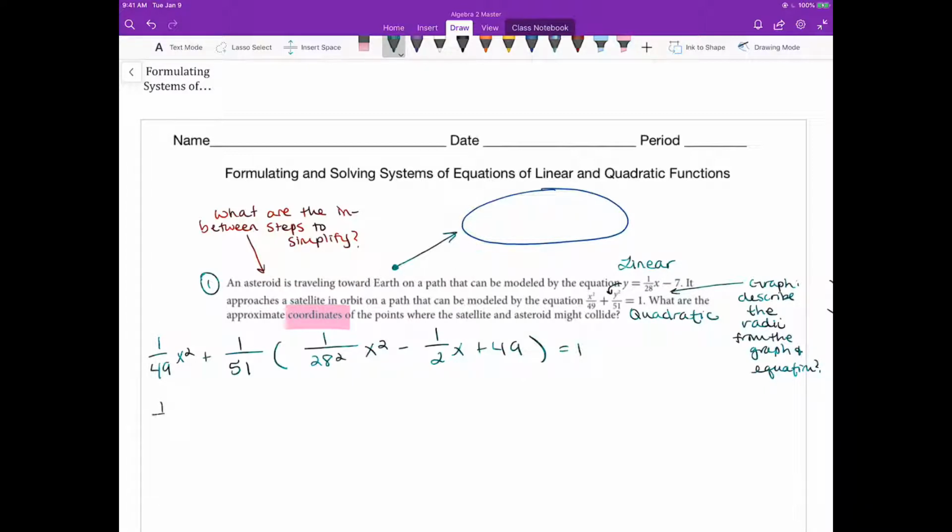So we've got 1 over 49x squared plus 1 over 51 times 1 over 28 squared x squared minus 1 over 51 times 1 half x plus 1 over 51 times 49 equals 1. So notice the 1 over 51 is listed 3 times because there are 3 things inside the parentheses.